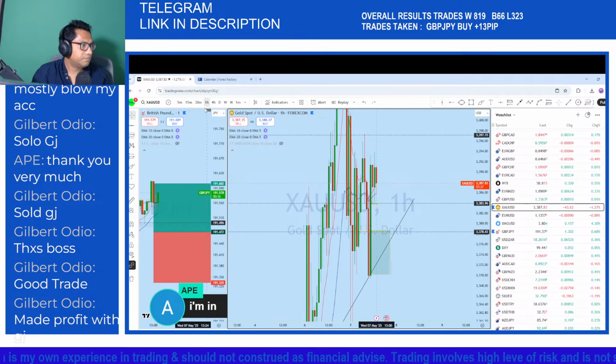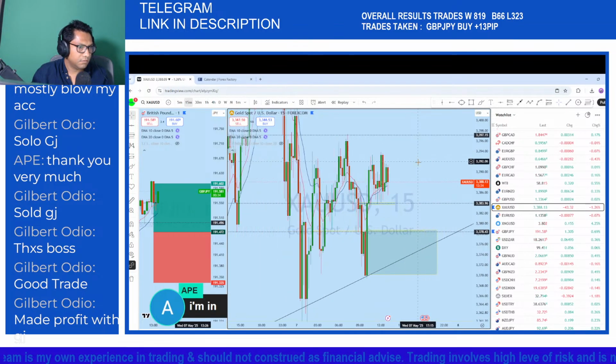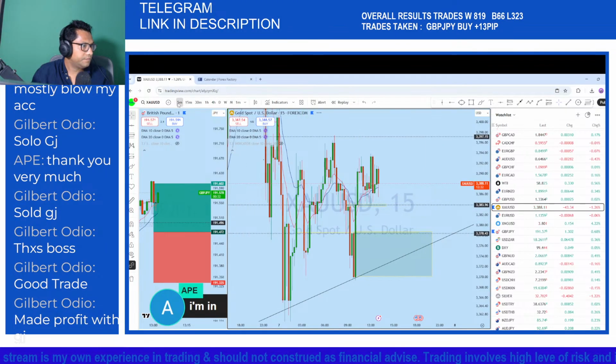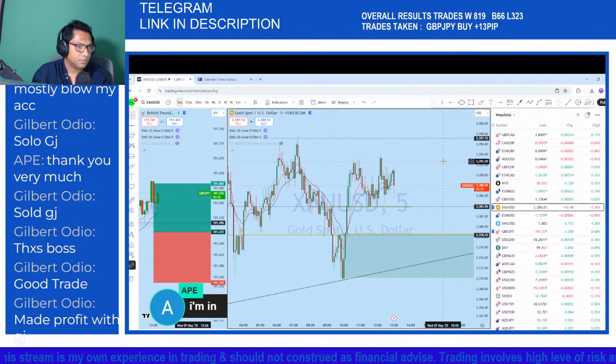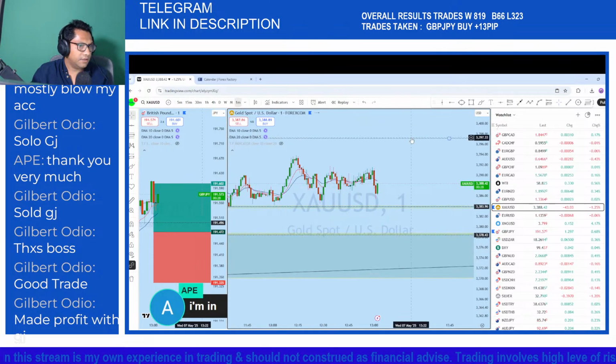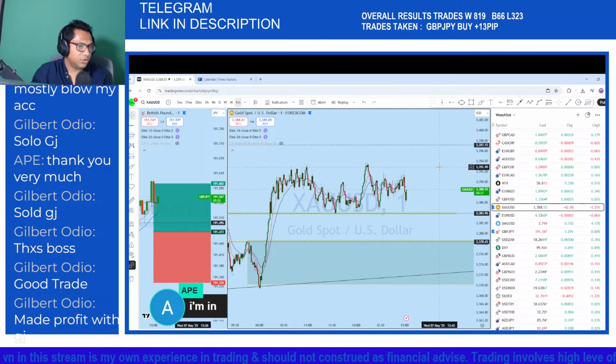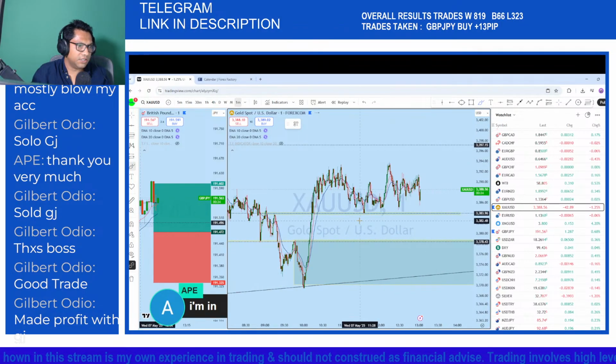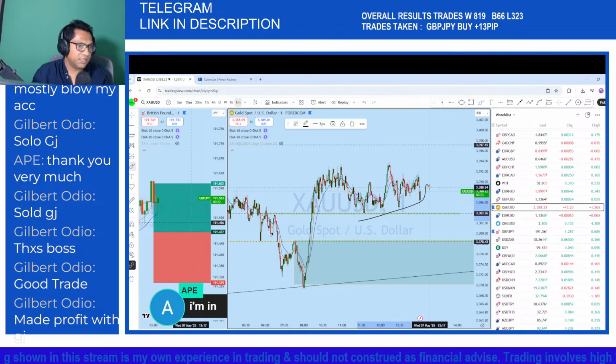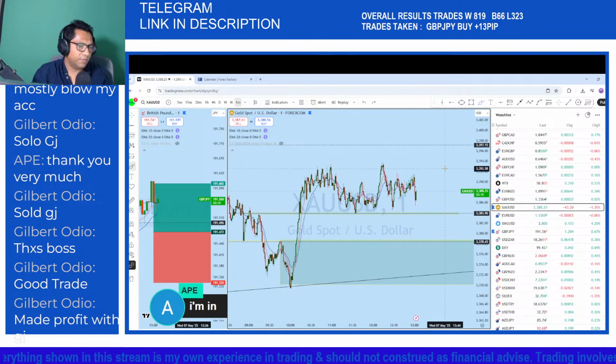So if you look here, this is a support, and we may see the market trend from the support level.